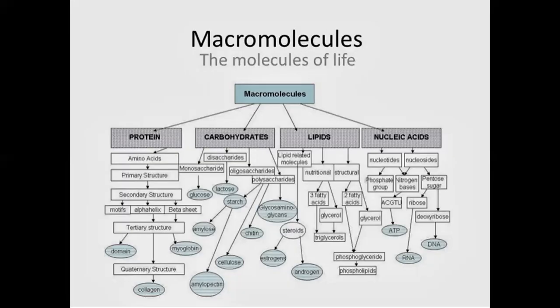So carbohydrates are part of what are called the macromolecules. We have the proteins, carbohydrates, lipids, and the nucleic acids. And so we are still concentrating on the carbohydrates. We said that carbohydrates are mainly divided into monosaccharides, such as glucose. Then we have disaccharides, such as lactose. And then the other main division is polysaccharides.